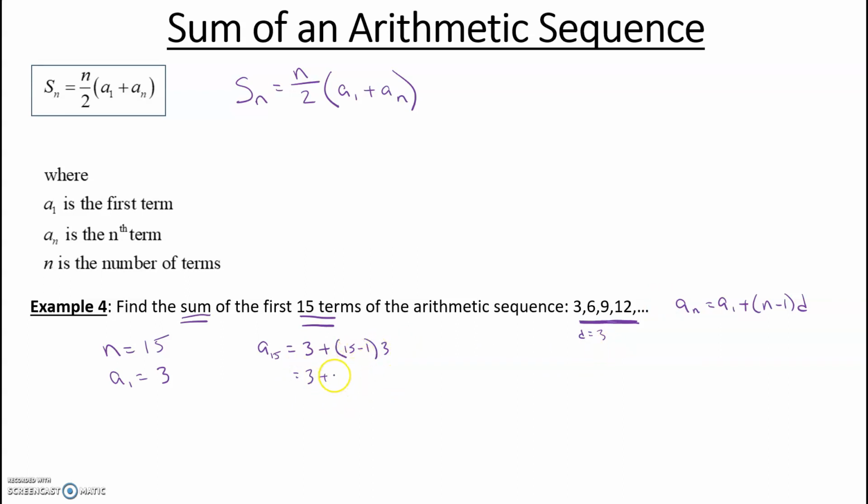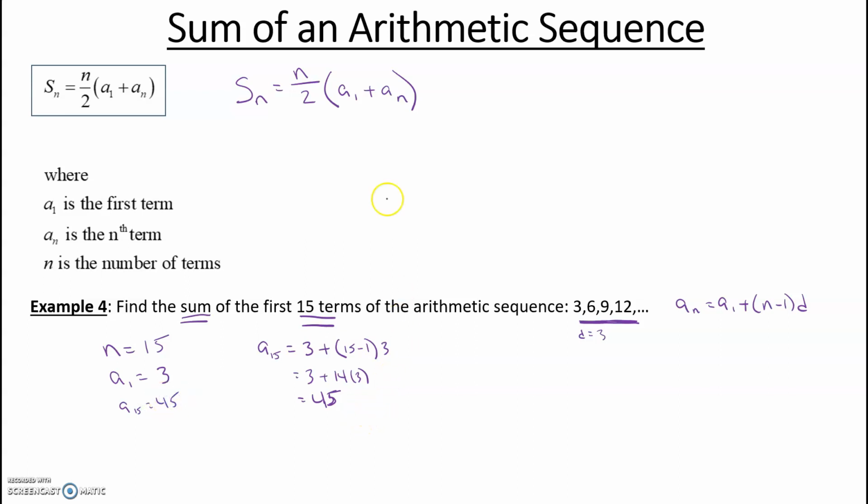What do we got? 15 minus 1 is 14 times 3. And when all is said and done, you should get 45. So we know that our 15th term, a sub 15, is 45.